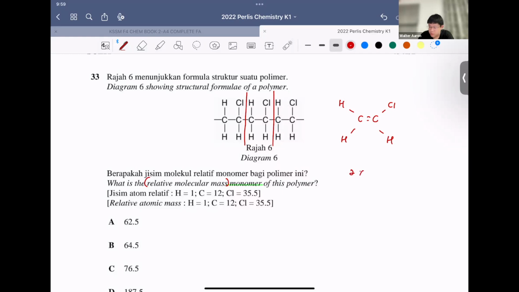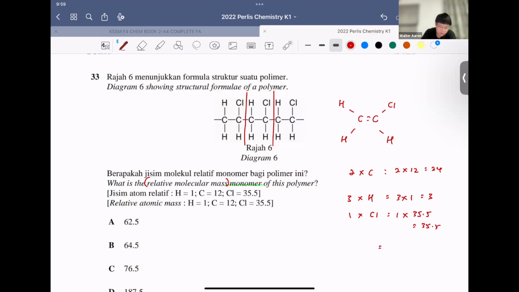So right now you got 2 times carbon, 3 times hydrogen, and 1 times chlorine. So that will be 2 times 12, which is 24. This will be 3 times 1, so this is 3. Sorry, this will be 1 times 35.5, so there will be 35.5.